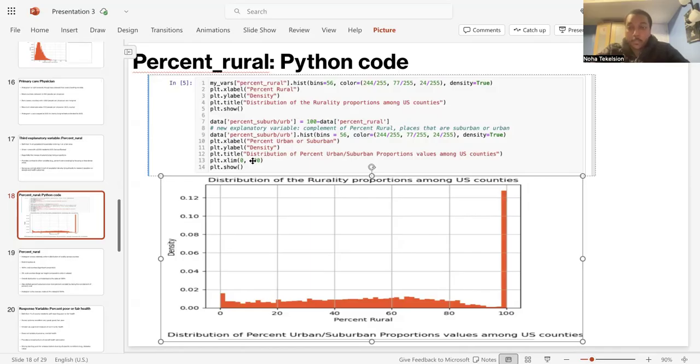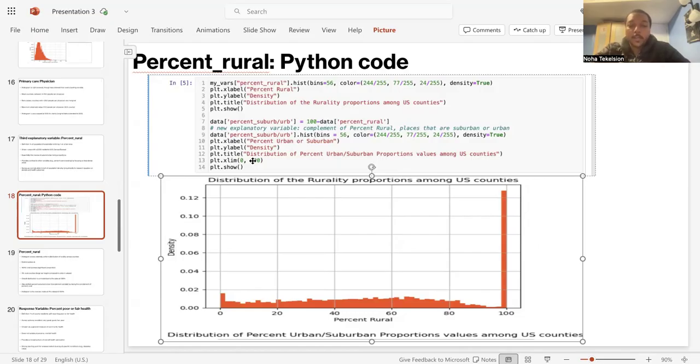And a good proportion of counties are also 0% rural, which is why the bar height at 0 is distinguishably increased in comparison to the other uniform values as well. But due to the spikes at 100%, it would be safe to assume that the histogram for this variable is unimodal, we can say. Just an important statistical term to add in there.